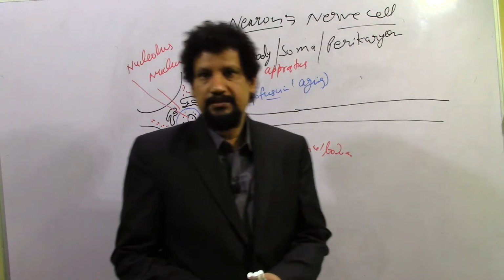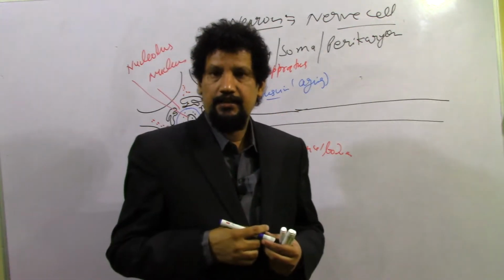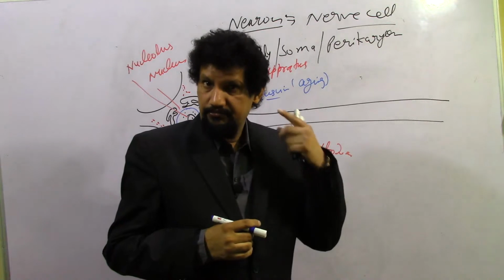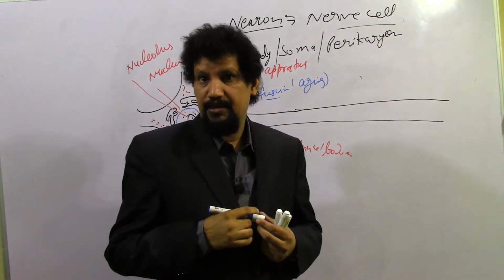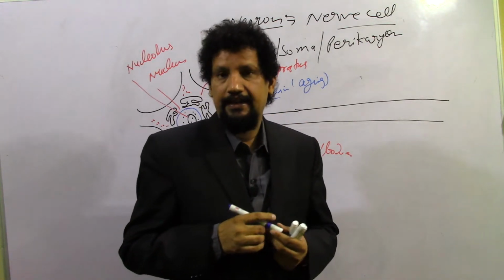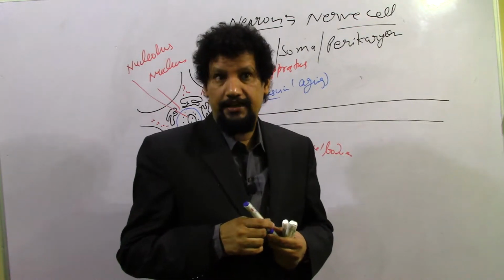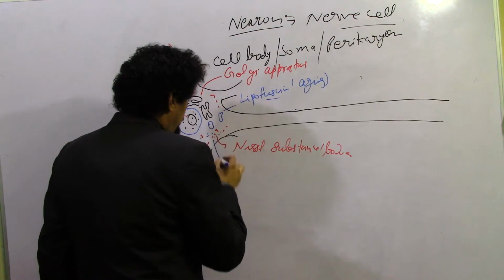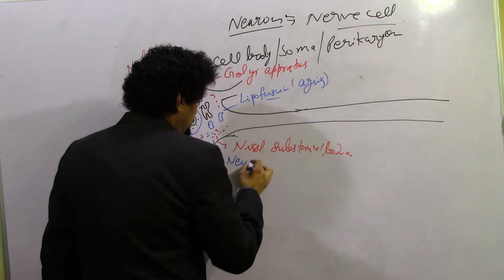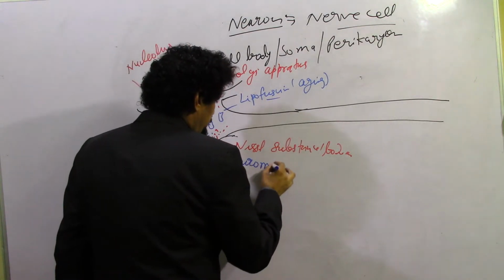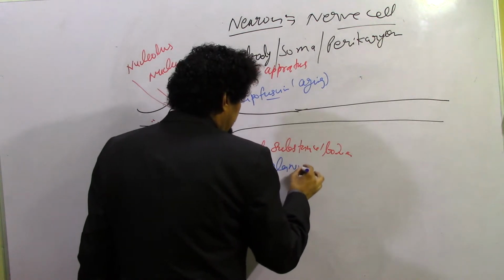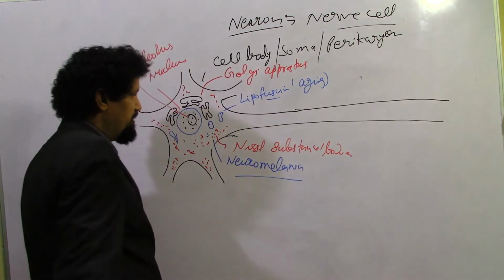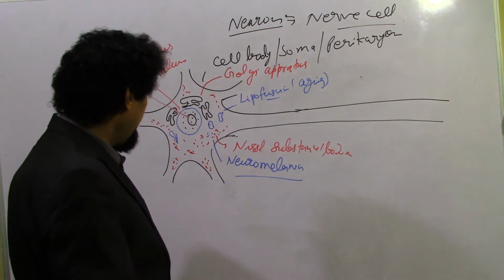The cells of the substantia nigra of the midbrain also have neuromelanin, a pigment known as neuromelanin. These are seen in the substantia nigra of the midbrain.